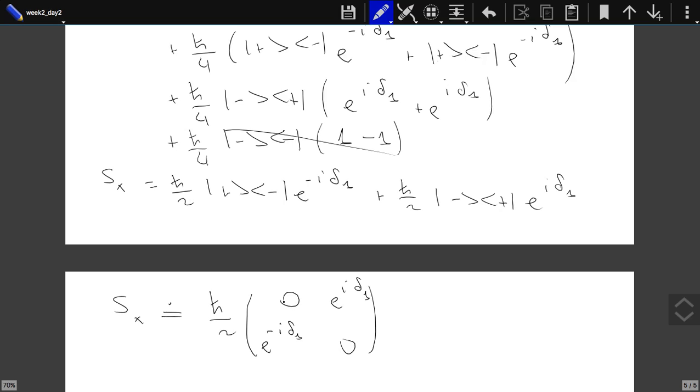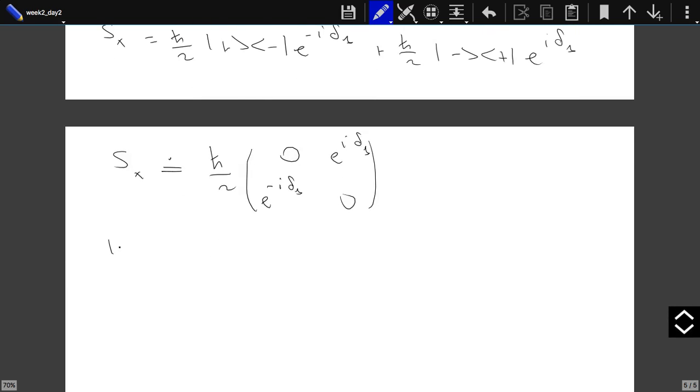The easiest way to check whether it's the above term that is the i delta 1 or the below term that is i delta 1 is to look at some non-zero matrix element. So for example, the plus ket, we had shown it as (1, 0). Now Sx acting on this plus ket, if you look at that definition, since plus plus is 1, plus minus is 0, it's nothing but h bar over 2, e to the power i delta 1, (0, 1).